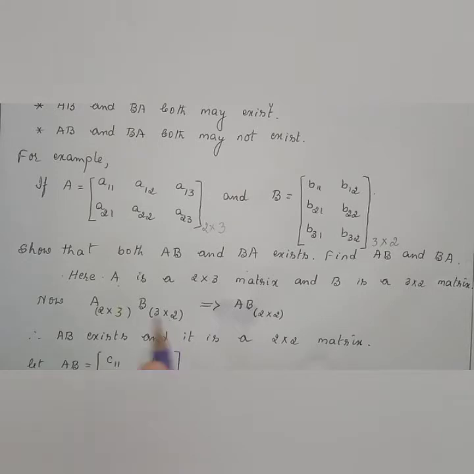The product AB is possible only when the number of columns in A is equal to the number of rows in B. Number of columns in A is equal to number of rows in B. Then the resultant matrix exists and is of order 2 by 2, the first one and the last one.